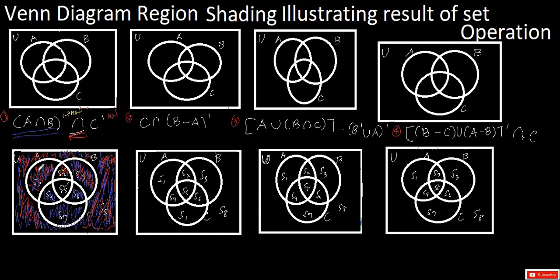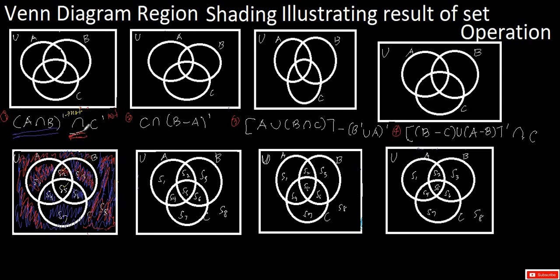So the regions where the colors red and blue overlap are S sub 1, S sub 3, and S sub 8.